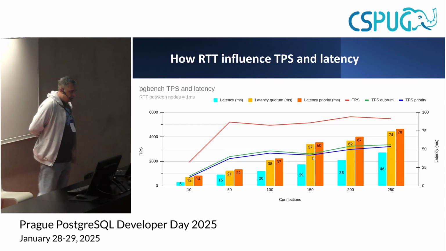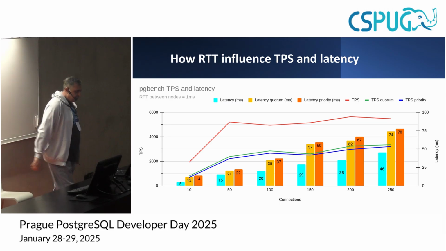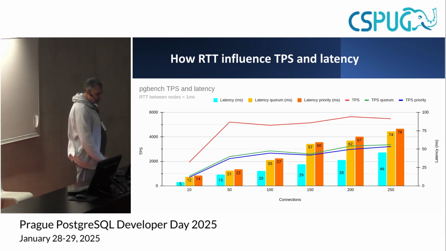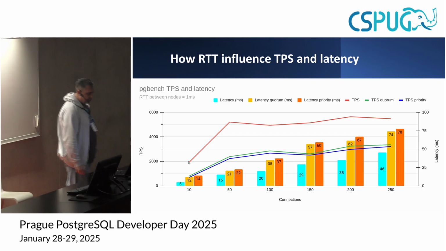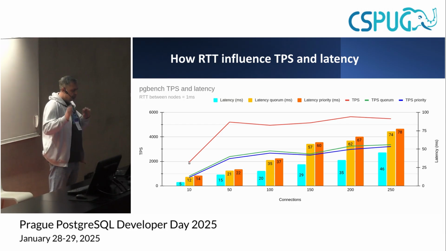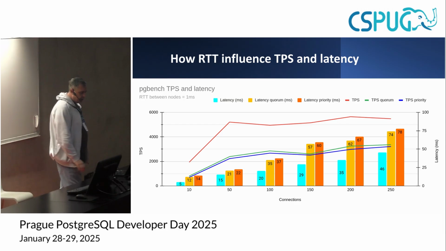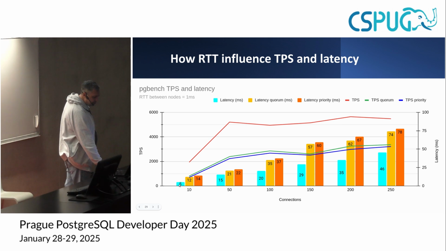So, here are the results. If synchronous replication is not enabled, initially the transaction rate was about 2000, and latency was 5 milliseconds.